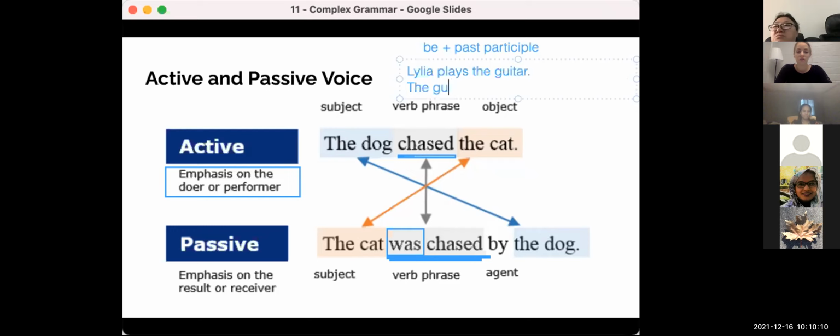The guitar is played by Lilia. We use be in the present form because plays is in the present form. Okay, thank you. And this is the past participle. So we can create passive sentences from any active verb tense by using be and the past participle.